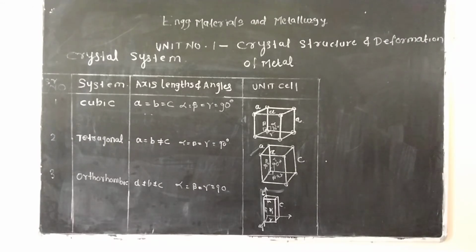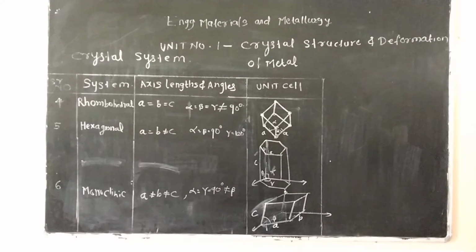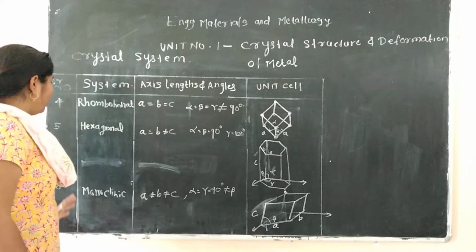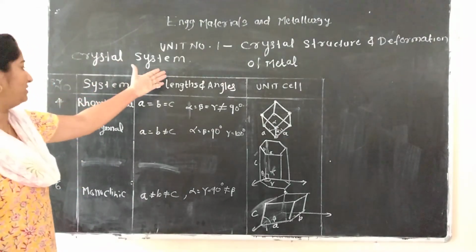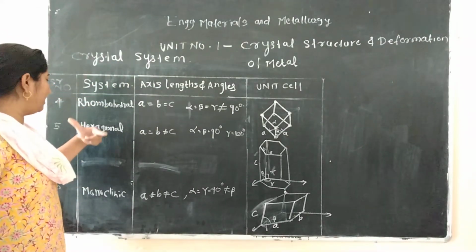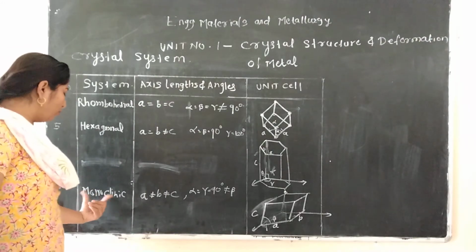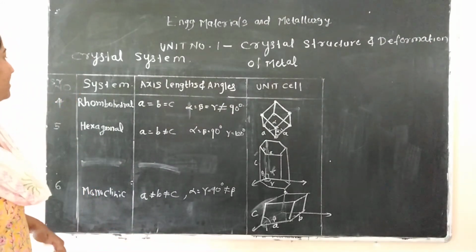But what is the similarity in these three systems? Alpha, beta and gamma all have the same angle, that is 90 degrees. Now after taking the three types, cubic, tetragonal and orthorhombic, we are going to study the next three crystal systems: rhombohedral, hexagonal and monoclinic.